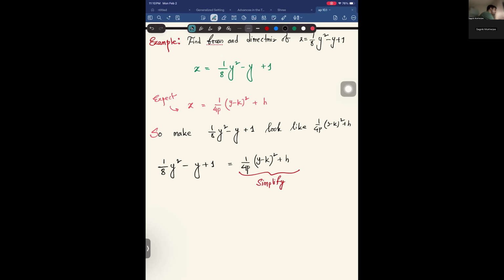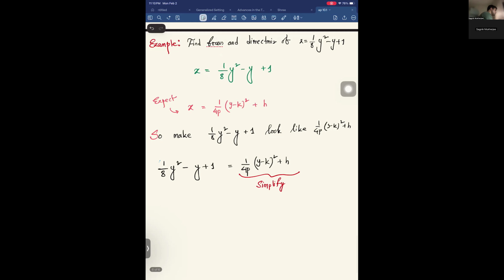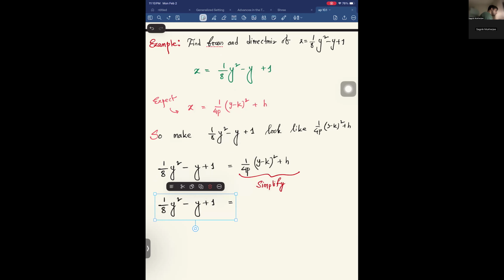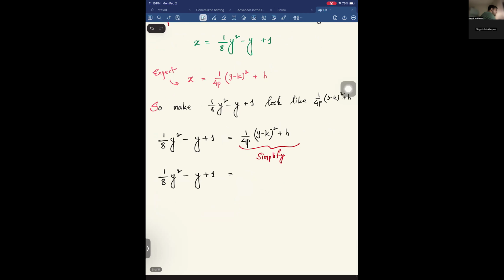What you get when you simplify is 1 over 4p y squared minus 2ky plus k squared, plus h.